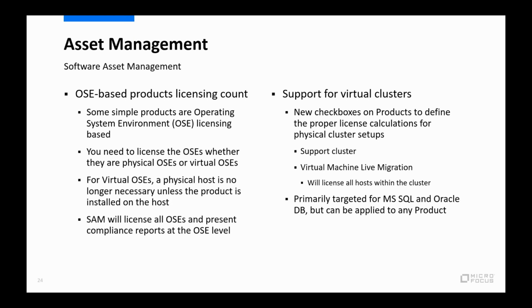If you select the virtual machine live migration, then the rules typically are that all of the hosts within that cluster must be licensed, because the software could be moved to any of them. That's how we will calculate your license usage in that scenario if you select that option. This is primarily targeted at Microsoft SQL Server and Oracle database, but these rules can be applied to any product that follows that model.